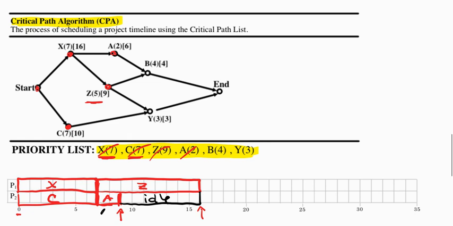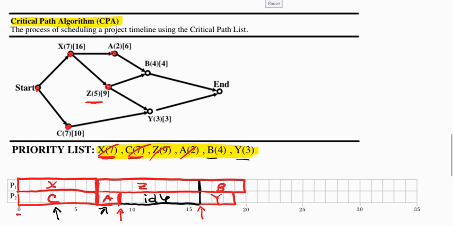So once Z is completed, both of these tasks can be scheduled. So B is 4 units. And Y is 3 units. And that means that once processor 2 finishes task Y, it is idle again for another unit of time.